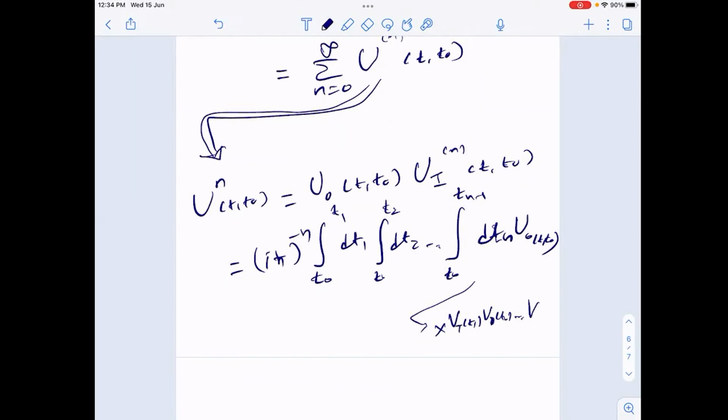So we will keep them all VI, VI(tn), sorry.